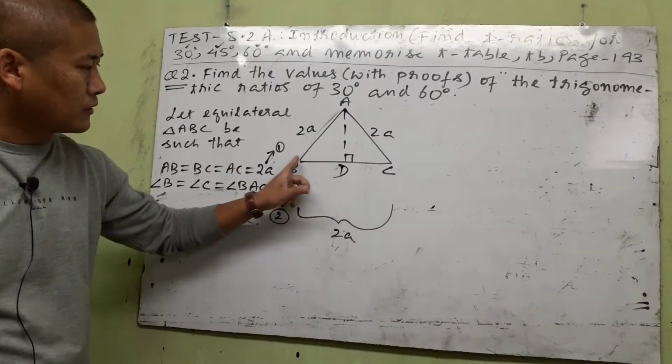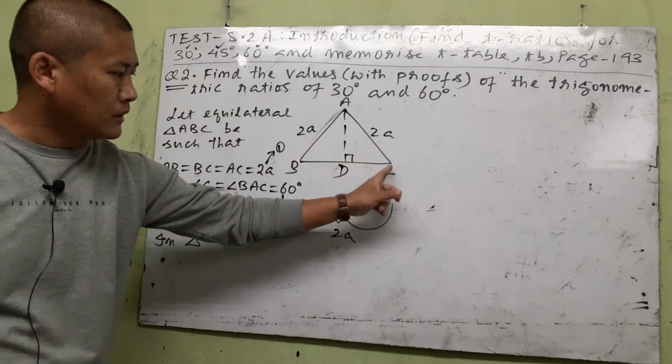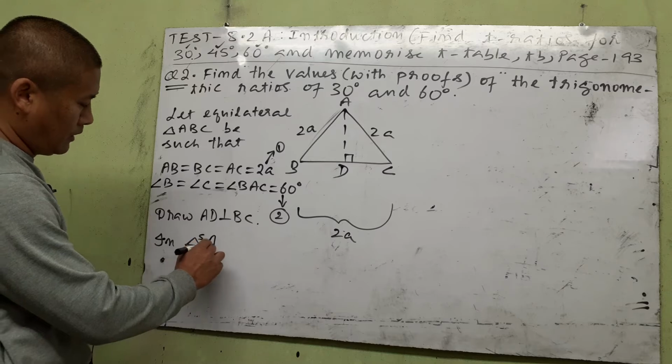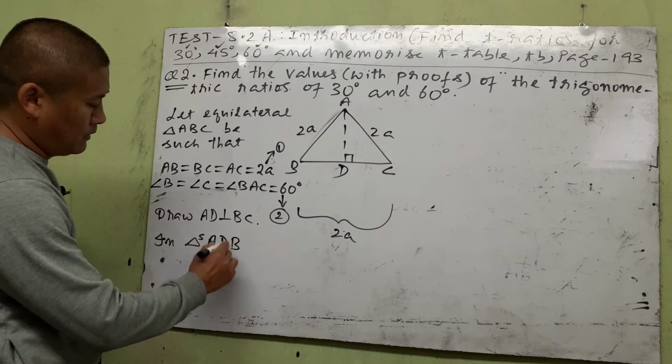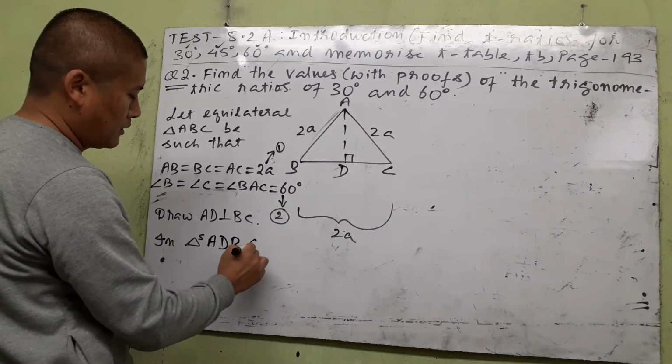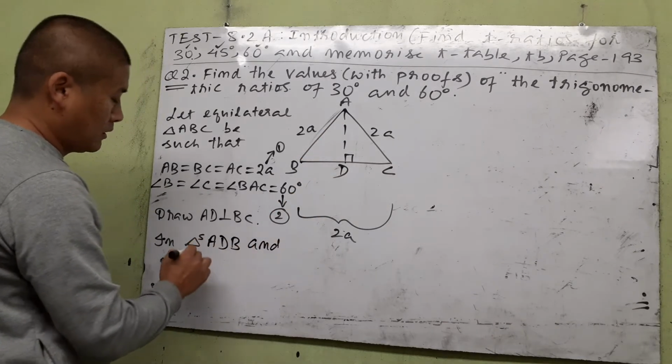I'm going to take this triangle on the left and on the right of AD. So if I chose A, D, B, then I should go in the same style for the other one.